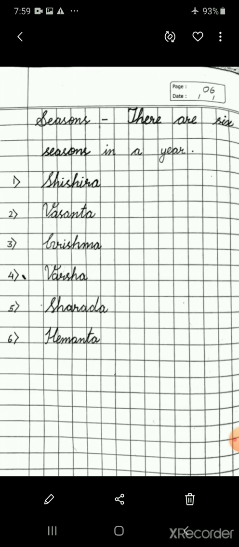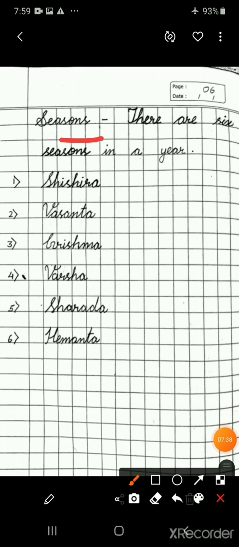After that, on the next page you will write about seasons. Seasons. Here you will write about the Hindi seasons. There are 6 seasons in a year. Full stop. First you will have to write Shishir. SHISHIRA. Second, Vasant.